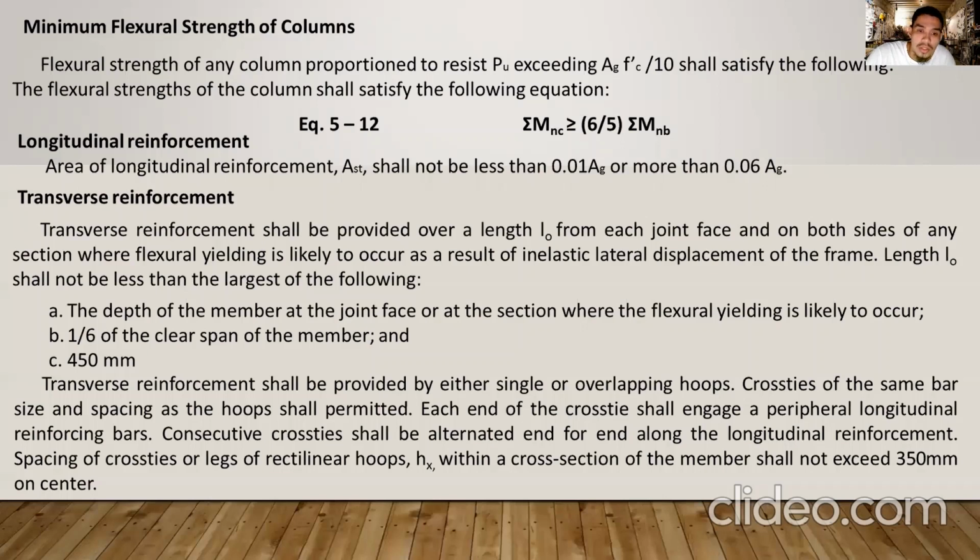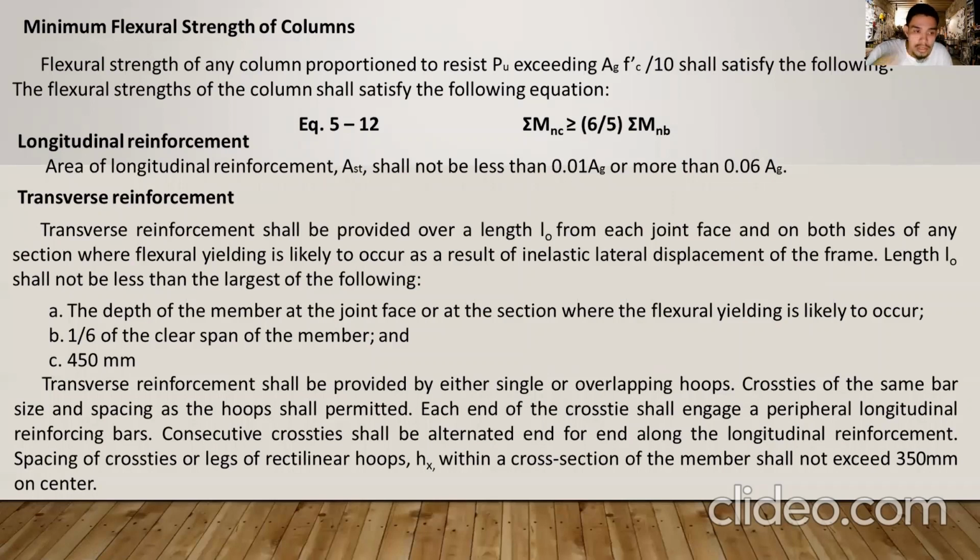So, sa longitudinal, pinapakita nito yung minimum and maximum ng longitudinal reinforcement area, yung kailangan niyang hindi siya bababa ng 0.01 na gross concrete area at hindi naman siya tataas ng 0.06.